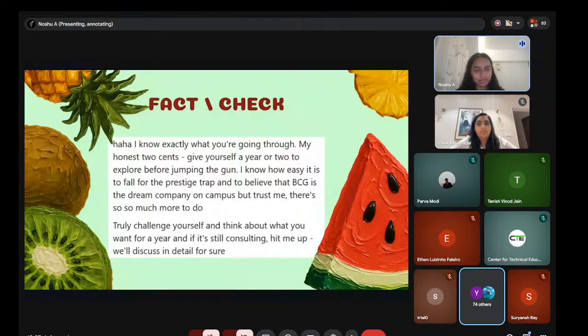It's very easy to fall for the prestige trap for big names such as BCG, McKinsey, Bain. But honestly, if you're still figuring it out and if you still haven't done a lot of projects in this domain and decided this is for you, I think before doing anything else, you should definitely challenge yourself, definitely do a bit more of what you love and what actually makes you happy rather than just a brand name on your resume. But yeah, okay, we'll go ahead.